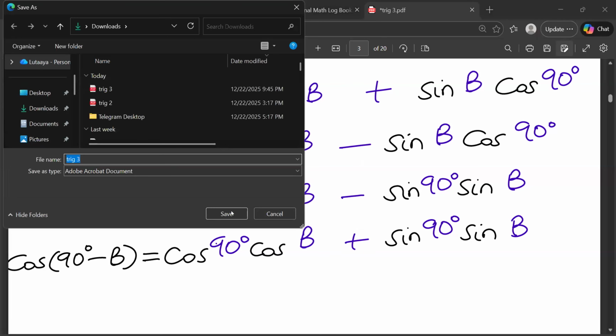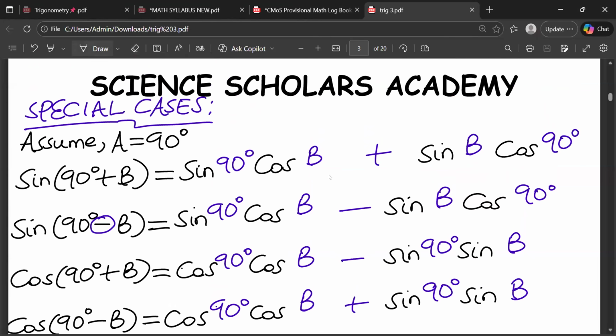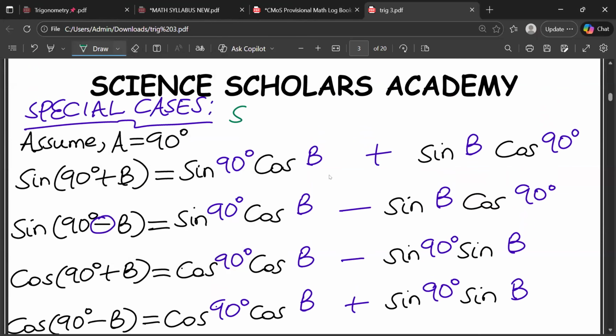A 0. So you've said that sine 90, of course in degrees, you get 1, and then cos 90 we get 0.